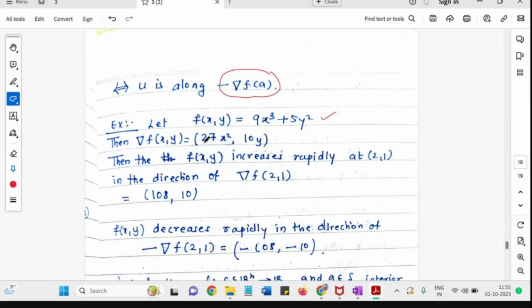So this is my gradient, put x equal to 2, y equal to 1. So this is the direction (108, 10). In this direction, my directional derivative will be maximum, and the function will decrease rapidly in the direction of the negative of the gradient. And that's why this is the answer.